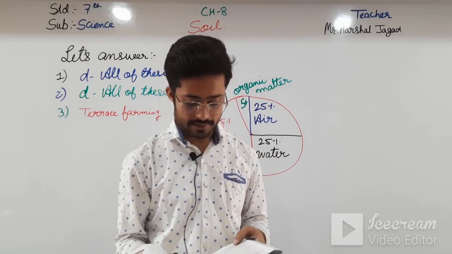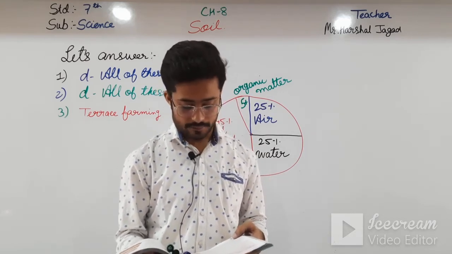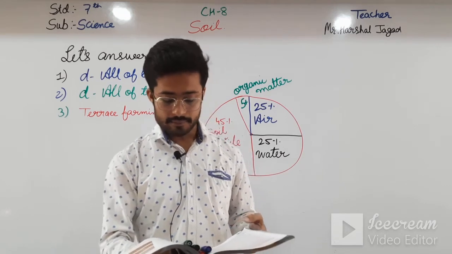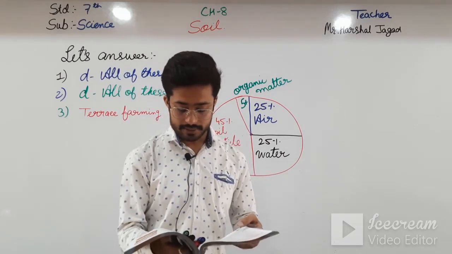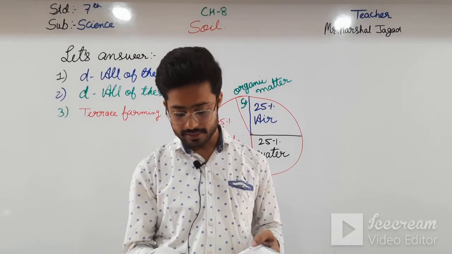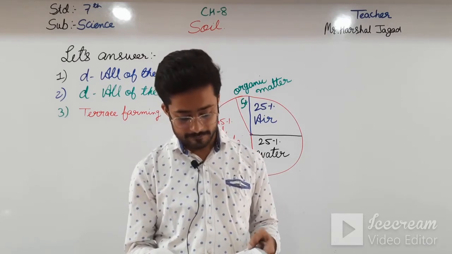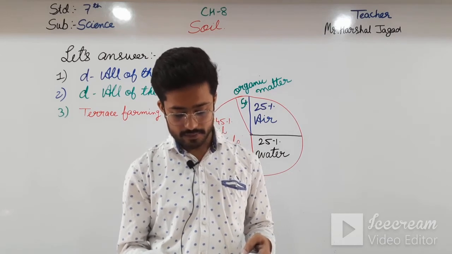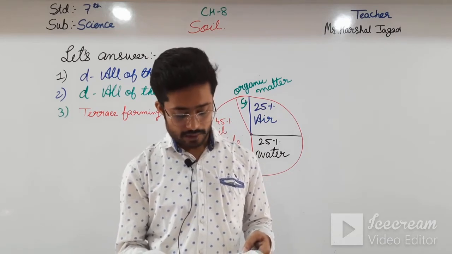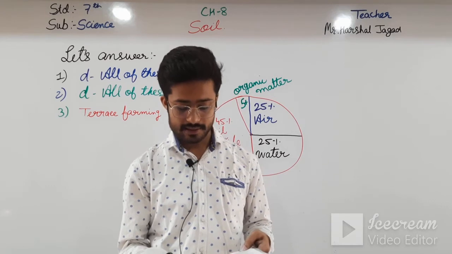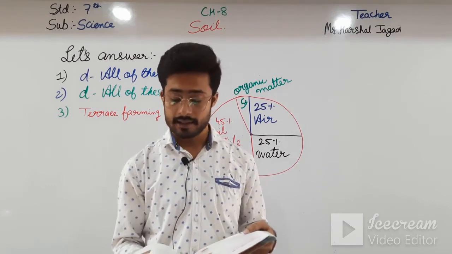Allow it to stand undisturbed for 1 to 2 hours. Observe the jar. You can see some of the organic matter on the upper side of the water, you can see silt, you can see fine silt, you can see coarse sand, gravels and pebbles. Different layers of the soil can be observed in the jar.